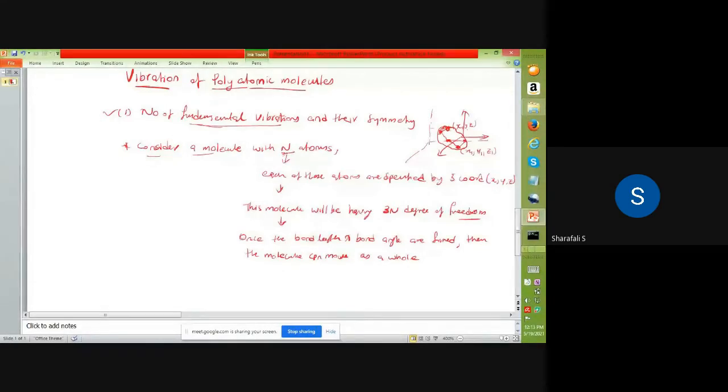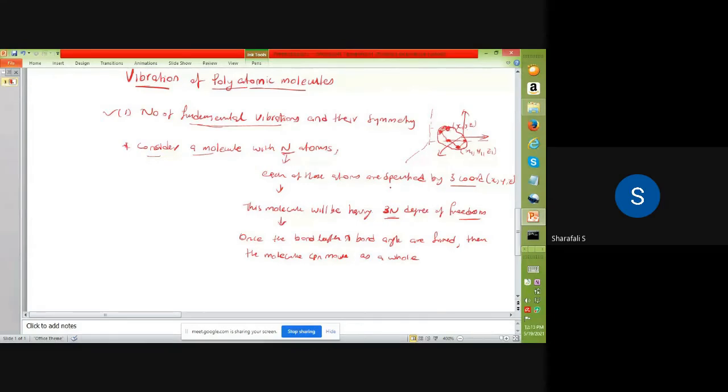Each of these atoms can be specified using three coordinates. If you use Cartesian coordinates, it will be x, y, z. By using these three coordinates, we can specify each atom's position, so that with n such atoms, the total degrees of freedom will be 3n. So the molecule has 3n degrees of freedom.